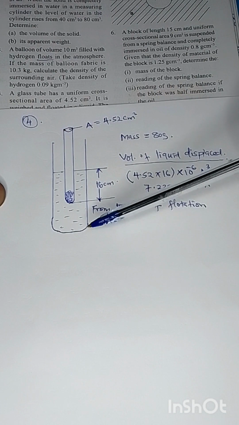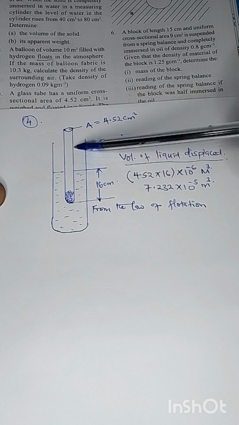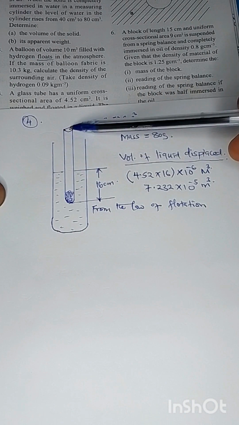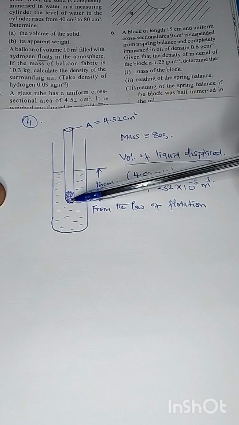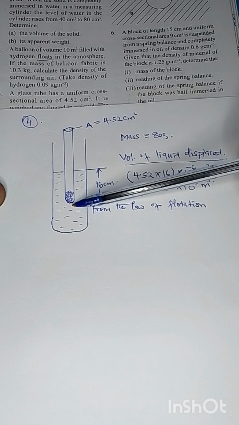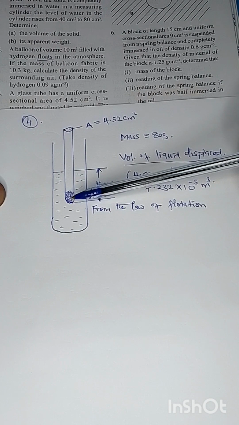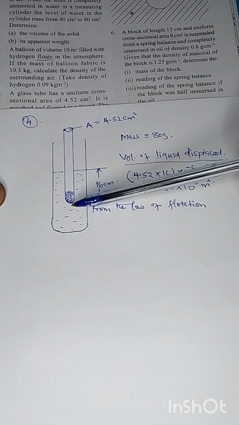And even when you pick it from Archimedes' principle, when a body is partially or totally immersed in a liquid or in a fluid, it experiences an upthrust equal to the weight of the liquid displaced.